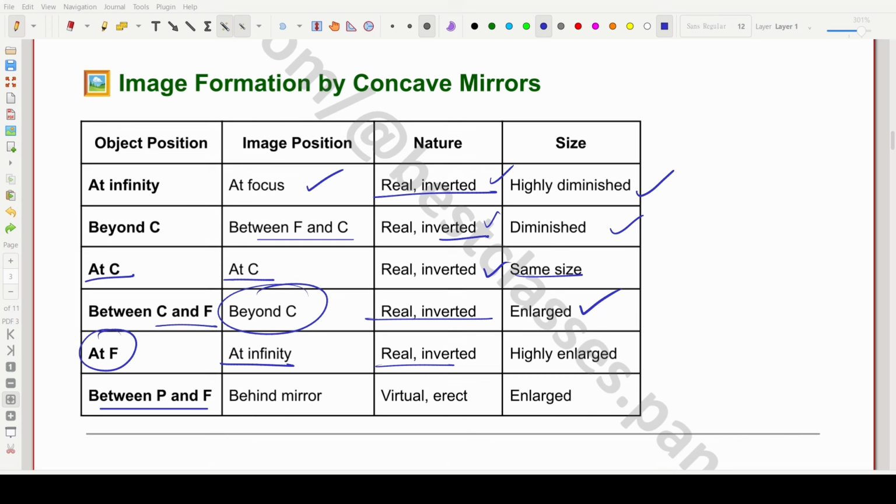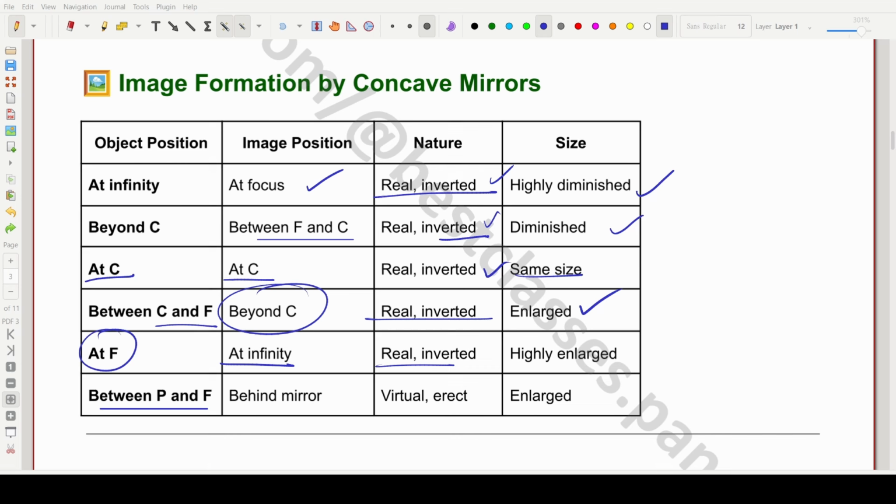But when the object goes closer to the focus, between C and F, see, the image is getting big, enlarged. And when you put it on the focus, it's infinite. So the image is forming at infinity as well as being highly enlarged.